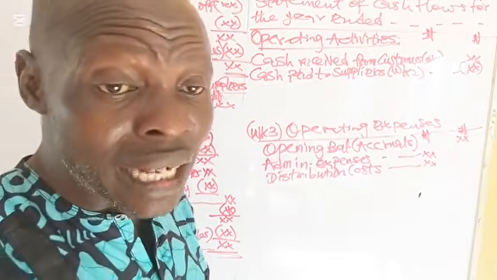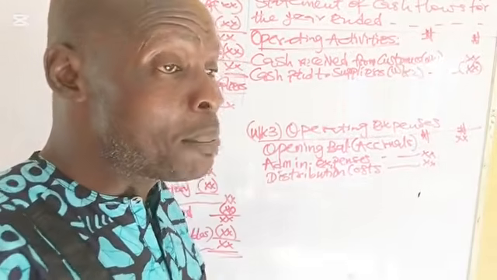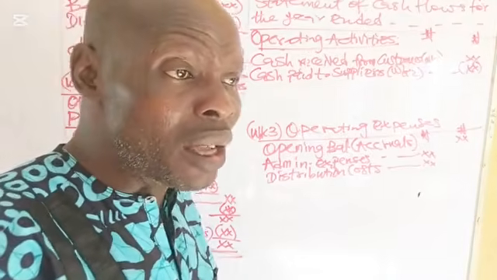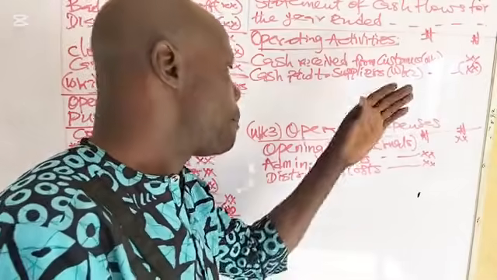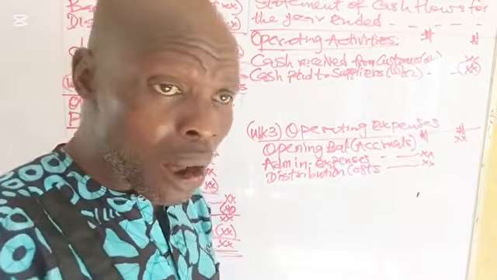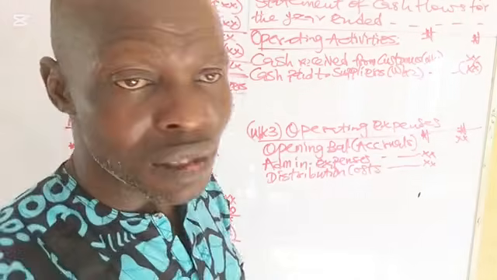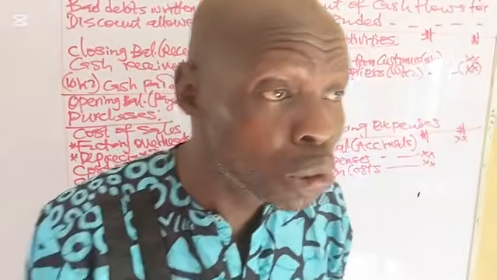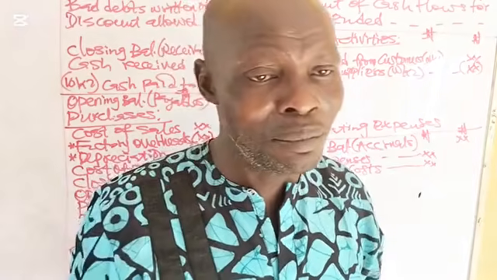So the non-cash items such as depreciation, amortization, depletion, impairment loss, loss from disposal might have formed part of these expenses. All those items I've cited are not cash. So since they're not cash, what would you do with them? You have to remove them.